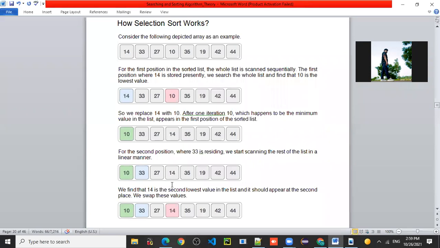Now 14 will be compared with the smallest value we are storing, 35. So 14 is smaller. After that, 14 will be compared with 19, 42, 44. Now who is the smallest here? 14. Now we find that 14 is the second lowest value in the list.